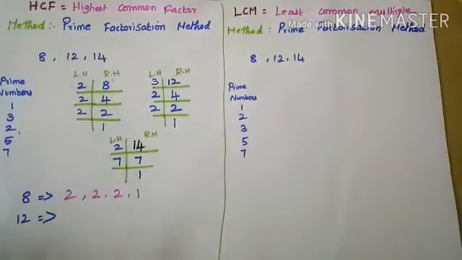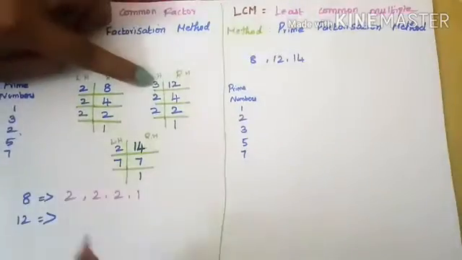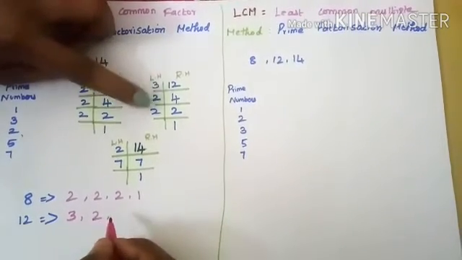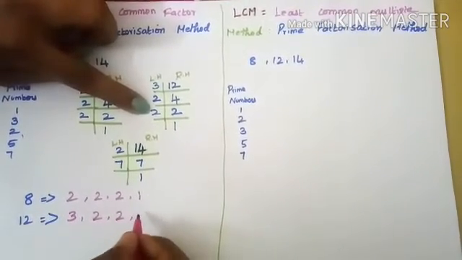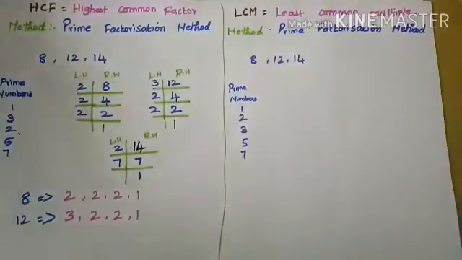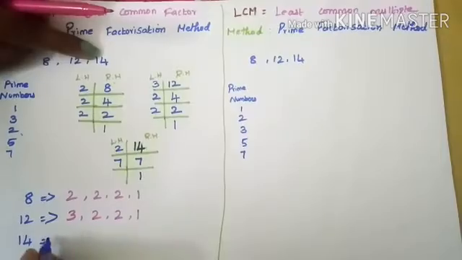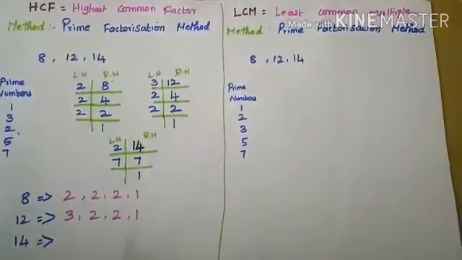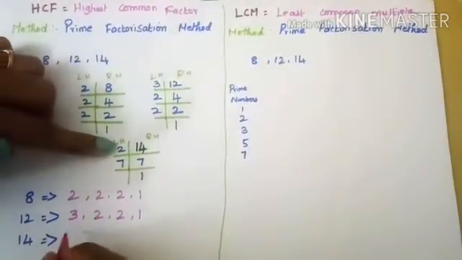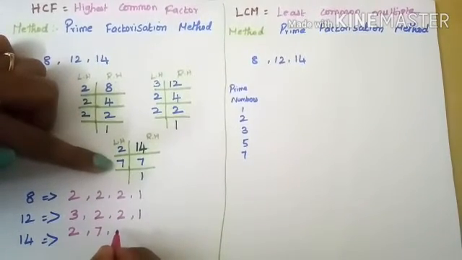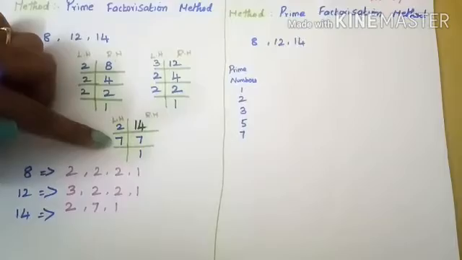So what are the factors of 12? 3, 2, 2 and 1. The next number is 14. What are the factors of 14? 2, 7 and 1. Got it?